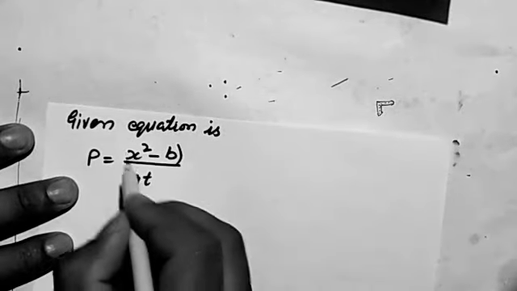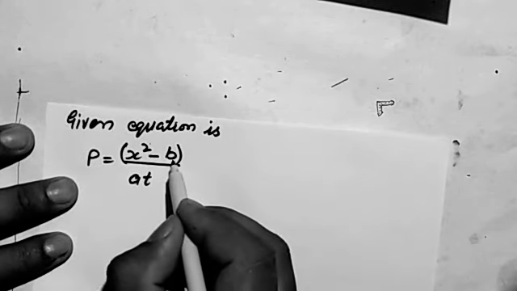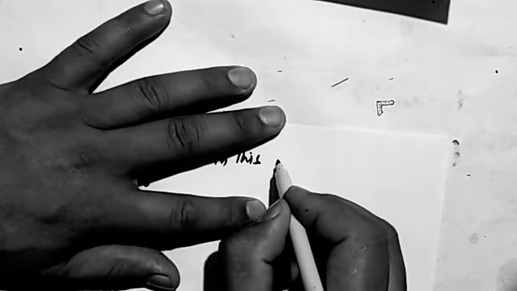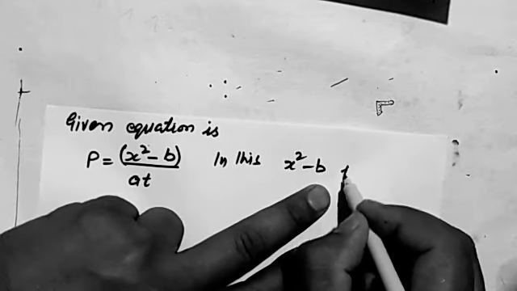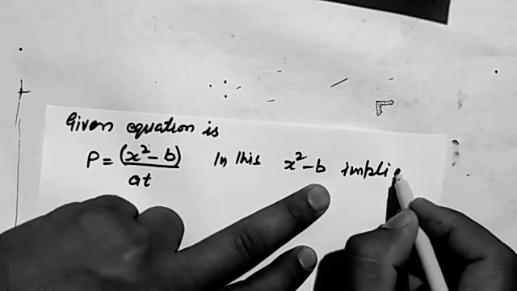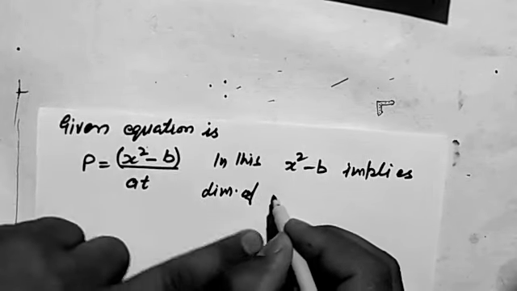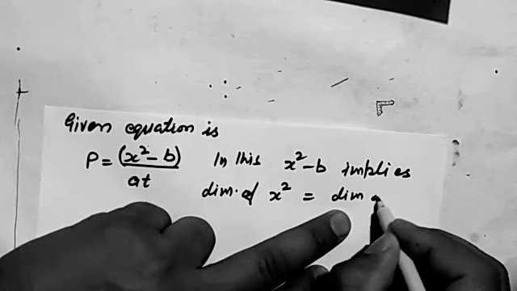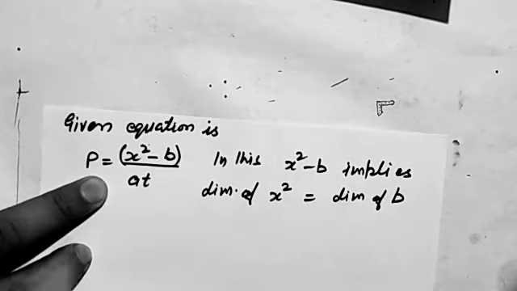That means x square minus B is being done, so the dimensions of x square and B should be the same. So in this, x square minus B implies the dimensions of x square should be equal to the dimensions of B, because these two terms are being subtracted from one another.